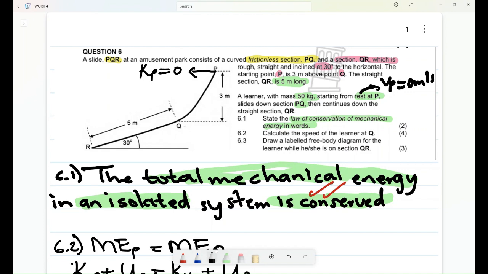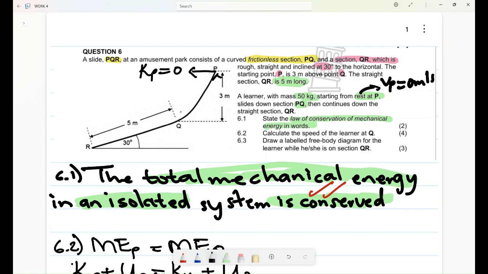Another important thing is that when I come back to my statement, P is 3 meters above point Q. From Q going up is 3 meters. It means I can take Q as the 0 reference point. I can take the height at Q as 0, because from here to here it is 3.